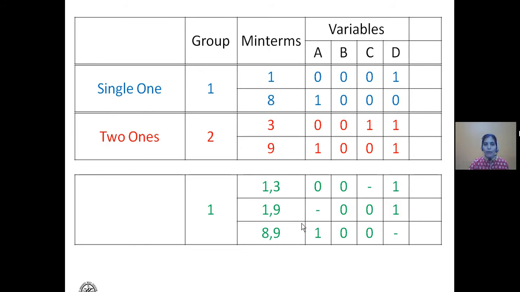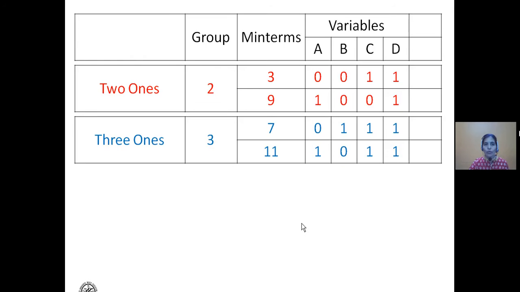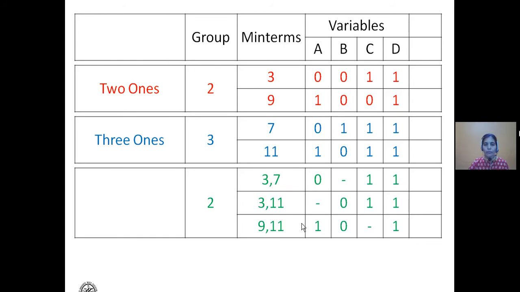Now the next comparison is with the next two groups, that is the group of two ones compared with a group of three ones. And here also we get three pairs, that is 3 combined with 7. B is changing, so a dash is put. 3 compared with 11, A is changing, so a dash is included over here.